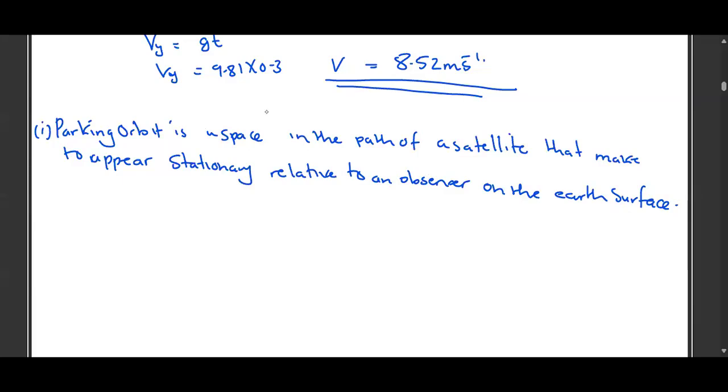Now term 2, this is number 2, part A. They're asking us to define angular velocity.